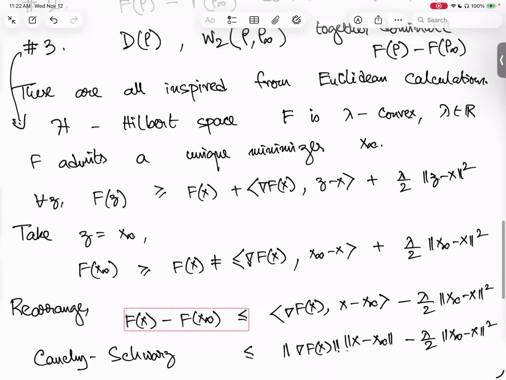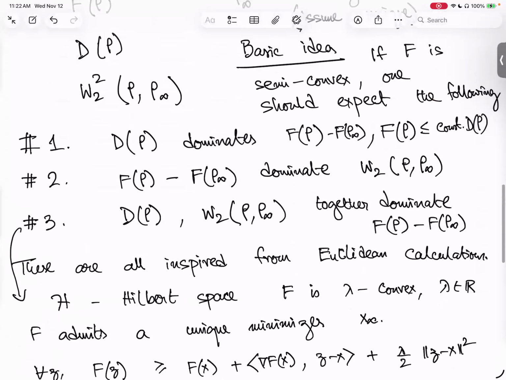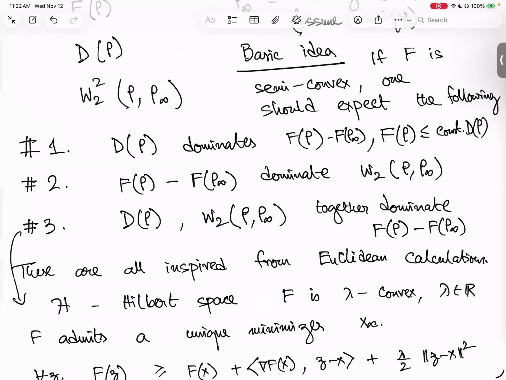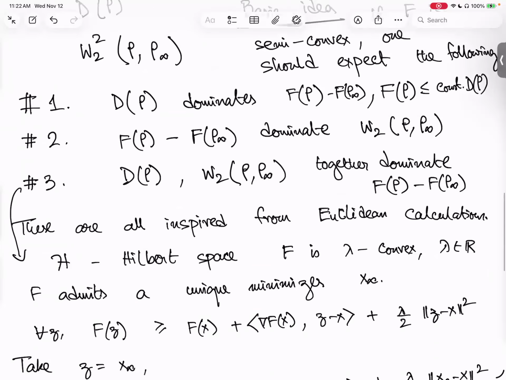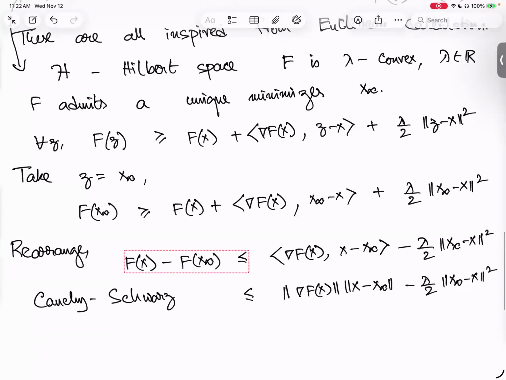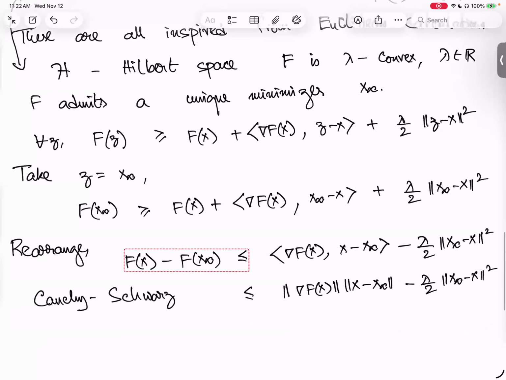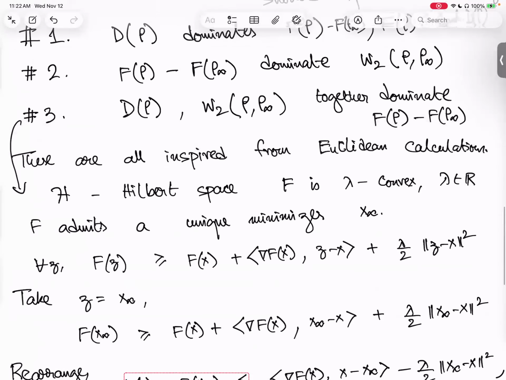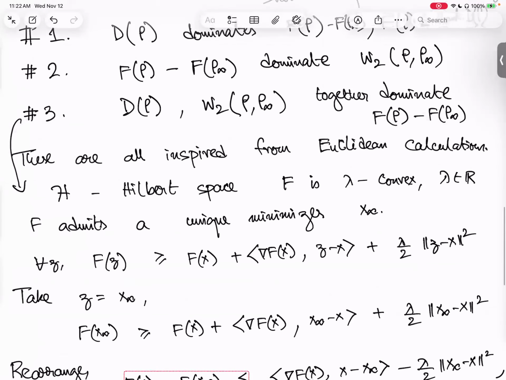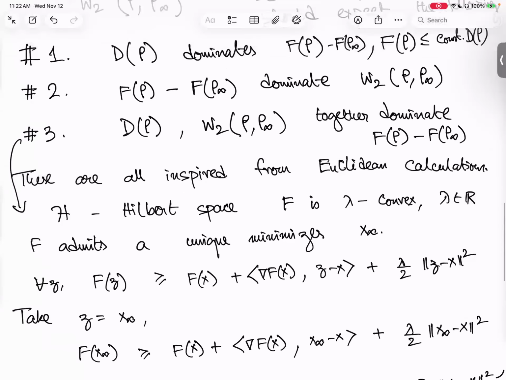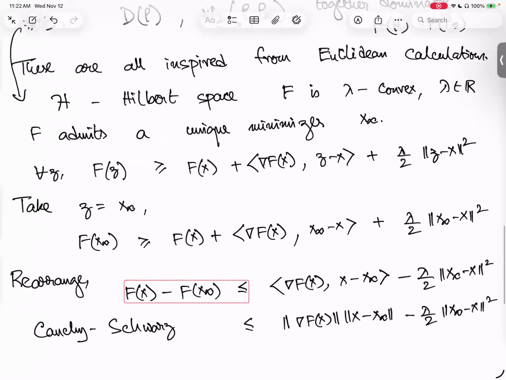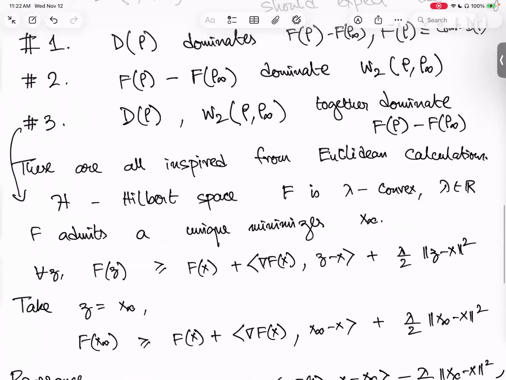And so if I directly generalize to the Wasserstein space, you can essentially guess what the theorem should be. If the function is lambda convex, I should be able to bound f of rho minus f of rho infinity by less than or equal to the square root of d of rho, this is the norm, times W2 from rho to rho infinity, minus lambda over 2 W2 square from rho to rho infinity.